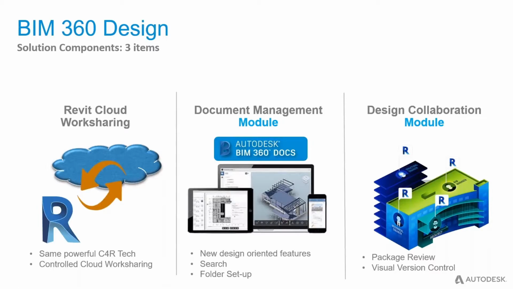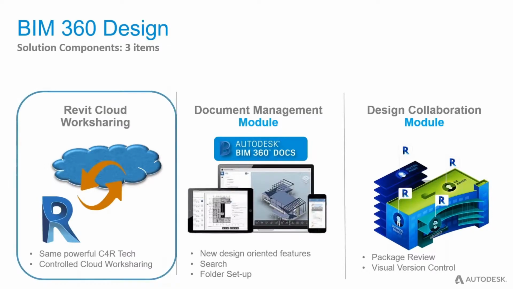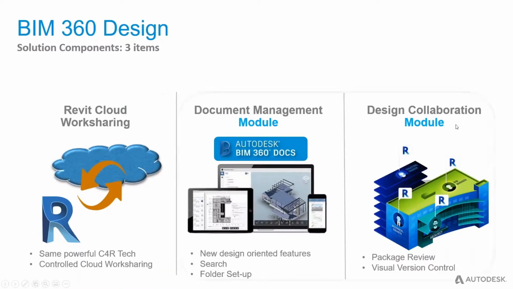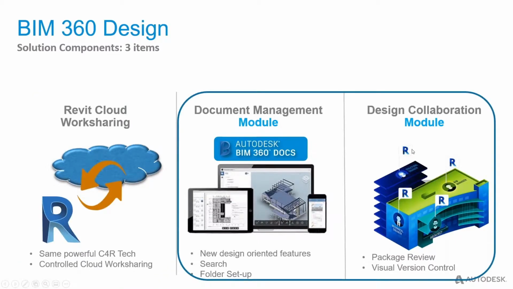Okay. Now, as I mentioned, we wanted to take this a step further and make sure that we can communicate between different disciplines. And that's really where this third module comes in, which is design collaboration. And as you'll see, this one is a Revit module, if you will. The two others are cloud-based. And again, you'll see that happening in live action in a second.